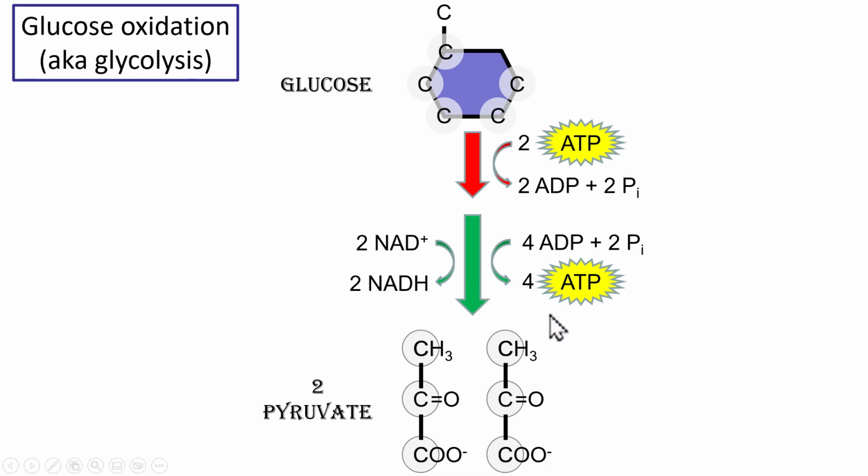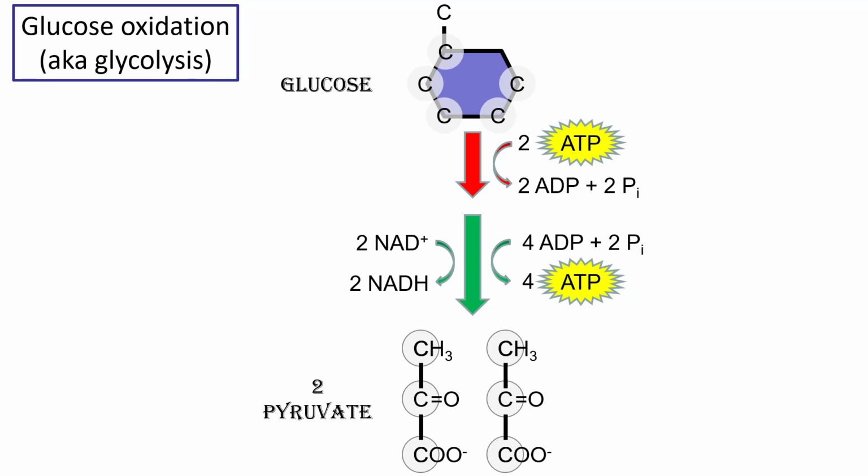Now, the product of glycolysis is 2 molecules of pyruvate. Each pyruvate molecule has 1, 2, 3 carbons, okay? So glucose has 6 carbons, and the 2 pyruvate molecules together also have 6 carbons, so no carbon dioxide has been released in the process of glycolysis.